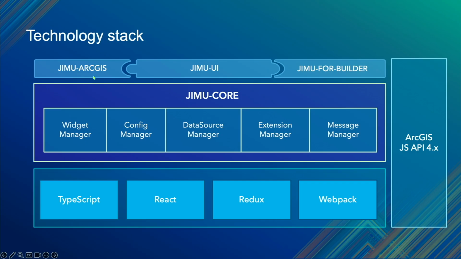It is designed to contain the components that depend on the ArcGIS JavaScript API. And then jimu UI, it provides the UI framework for experiences. And jimu for Builder, it includes some common functions used by the builder. It provides classes for developing the widget setting pages. And what's more, the UI component library we use is Reactstrap, which is based on Bootstrap.